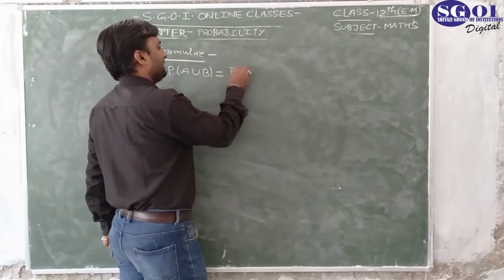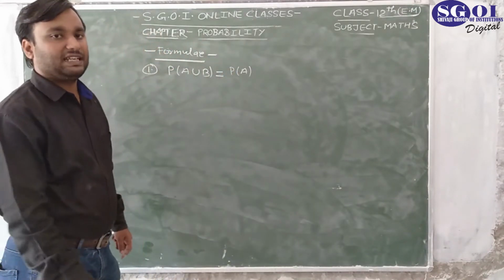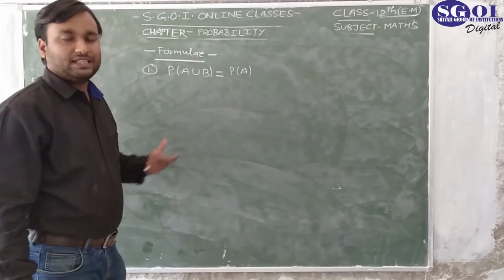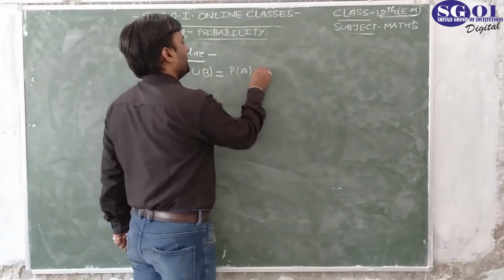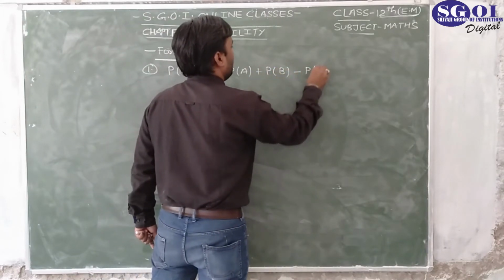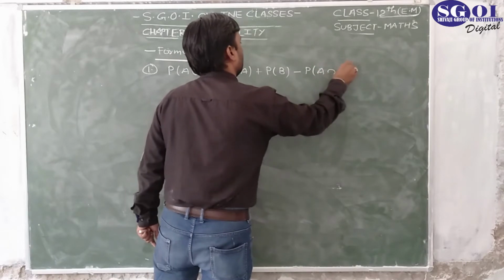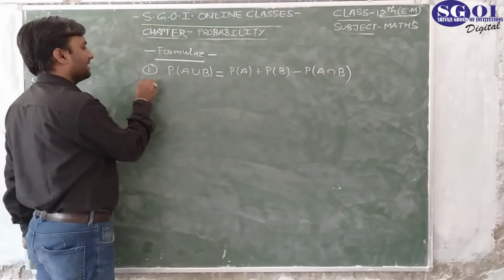So I will repeat all the formulas which you will use in the questions of conditional probability. Probability of A union B is equal to probability of A plus probability of B minus probability of A intersection B. You all have to learn these formulas.